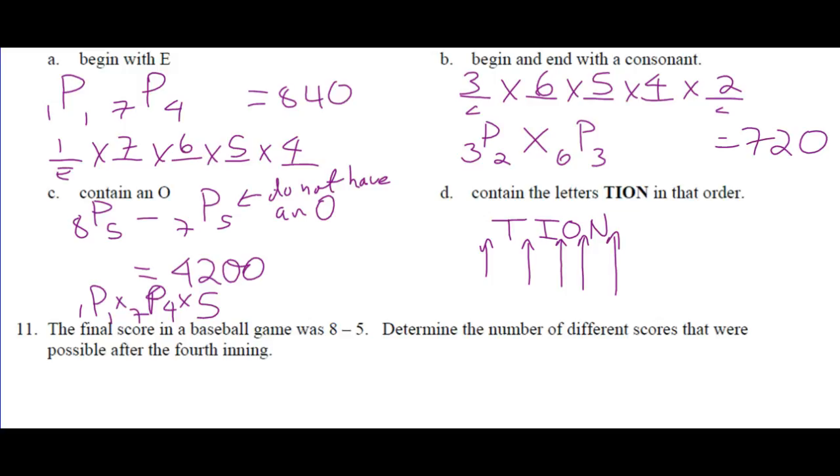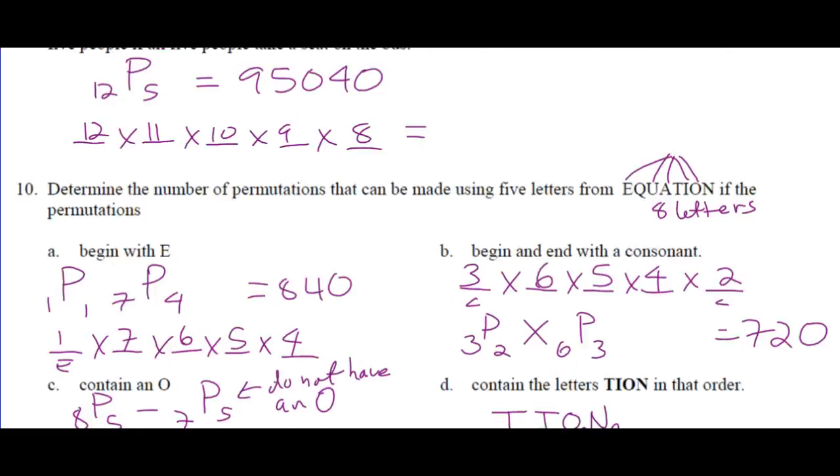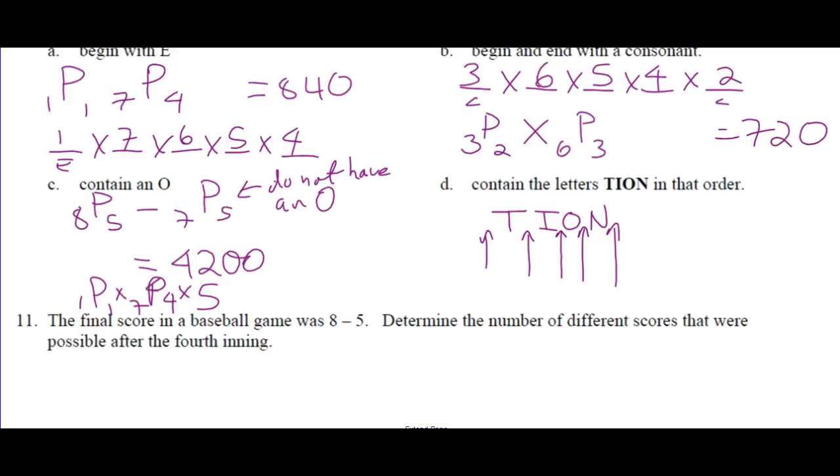Right? So that one remaining letter, which could be chosen how many ways? How many letters are left? There's 8 letters. We've used 4 of them, so there are 4 letters left. And they can go in 1, 2, 3, 4, 5 positions. Right? So it's 5 times 4, which is 20. So there are 4 ways to choose the remaining letter, and it can go in any one of 5 spots. Okay, 5 times 4, 20.